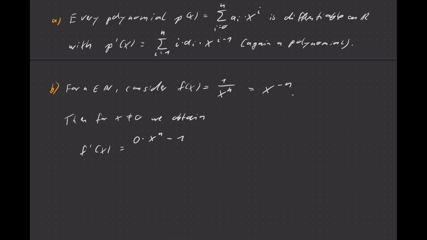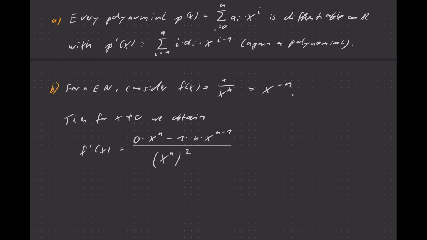The numerator stays, so this is 1 times, and the derivative of x to the power of n is n times x to the power of n minus 1. And now this is divided by the denominator squared. So x to the power of n, squared.